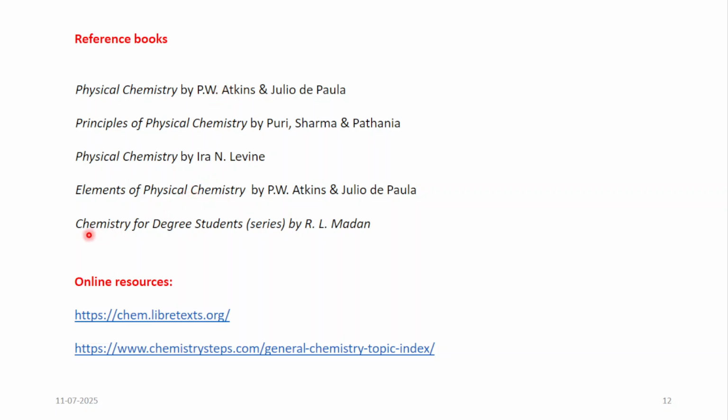And a very useful book I suggest to everyone: Chemistry for Degree Students. There is a series of books written by R.L. Madan. Please go through it, it's as per the UGC standard. And there are various online resources you can go through. Apart from Chemistry LibreTexts and Chemistry Steps, you have NPTEL, Khan Academy, and several other YouTube videos developed by various universities across the globe.